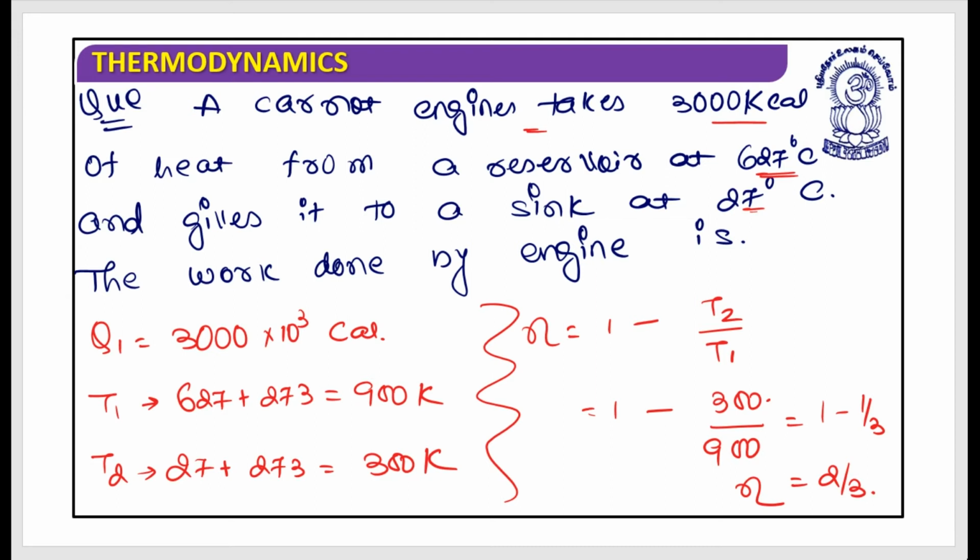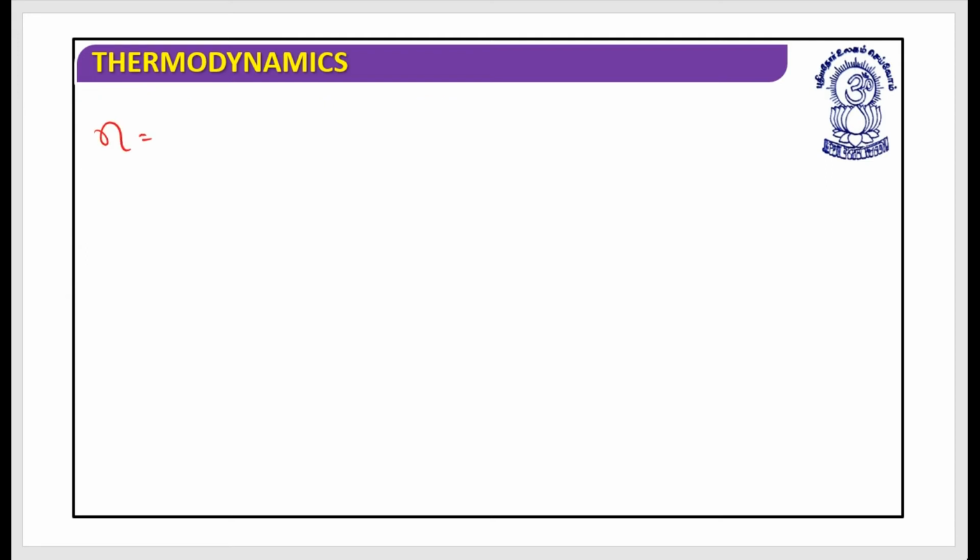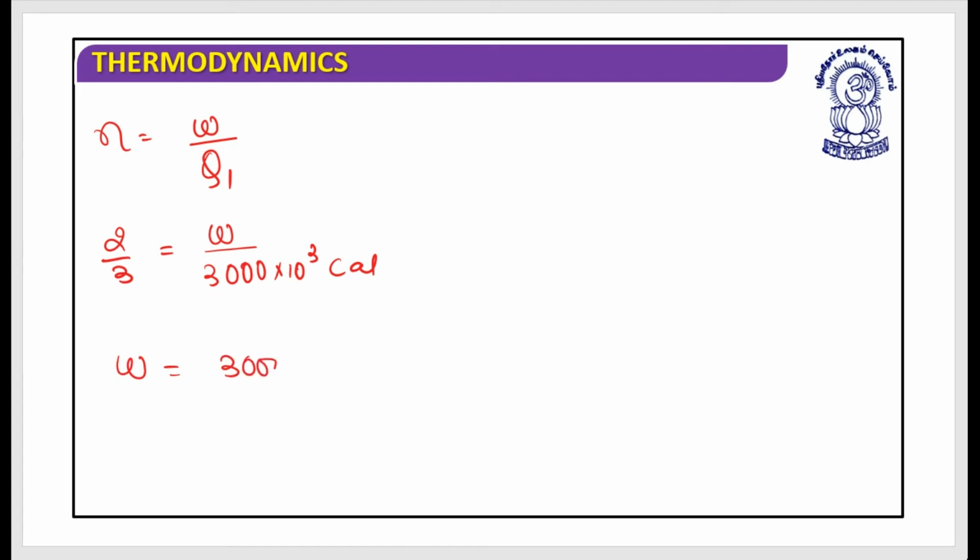Efficiency is equal to work done by Q1. So this efficiency, which is 2 by 3, equals work done by Q1, which is 3000 into 10 to the power 3 calorie. So work done is equal to 3000 into 10 to the power 3 divided by 3 multiplied by 2.